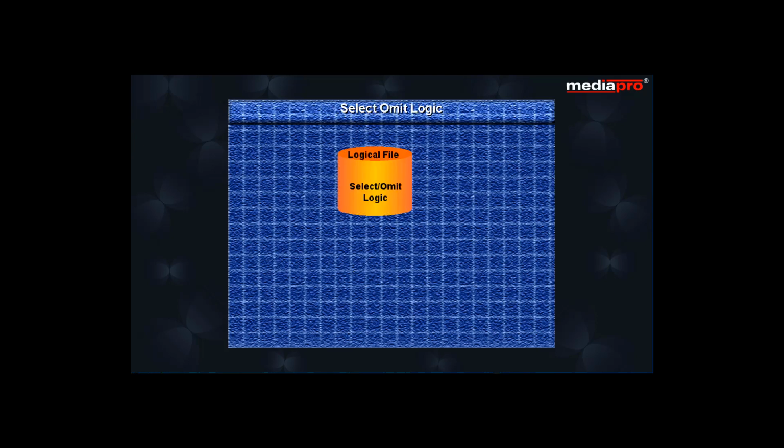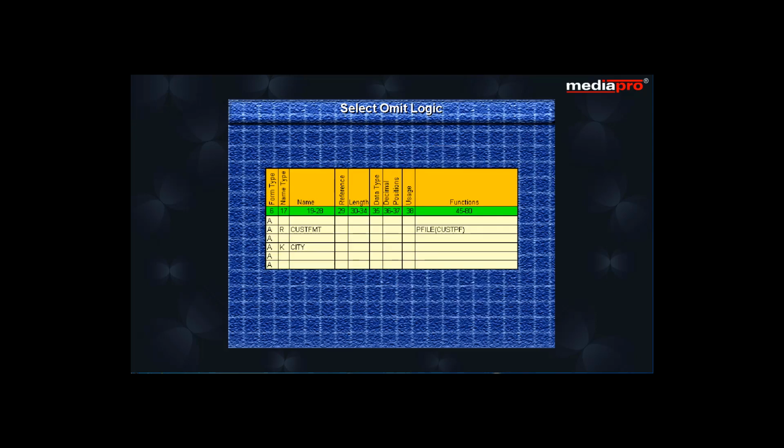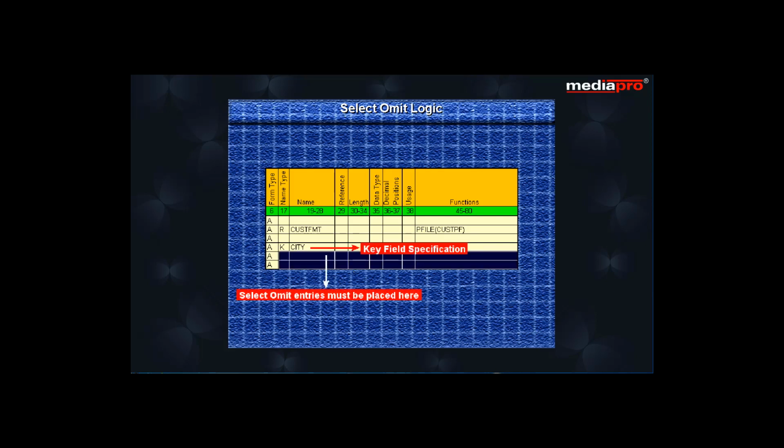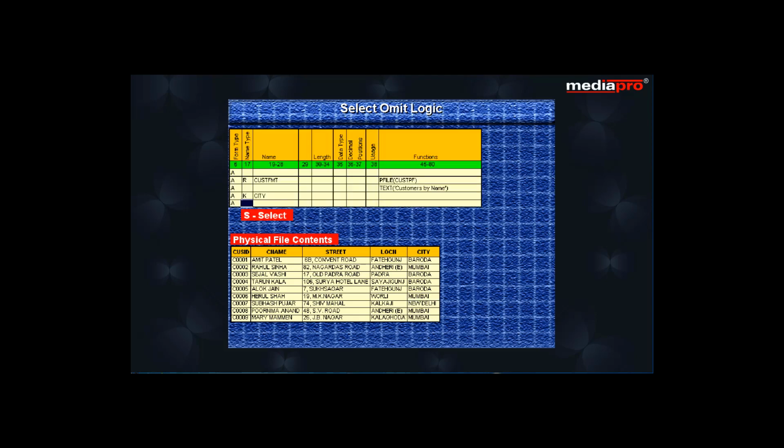The select omit logic can be used to select a set of records that match a criterion. Select omit entries are placed after the key field specification in a logical file. For example, to select only those records of customers who reside in Mumbai city, we code an S in column 17 for select.